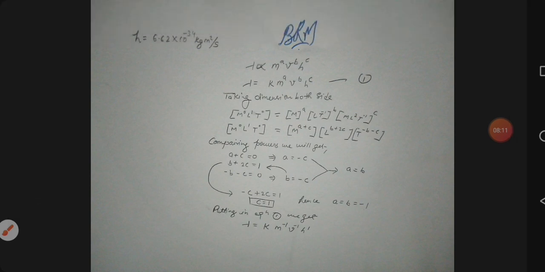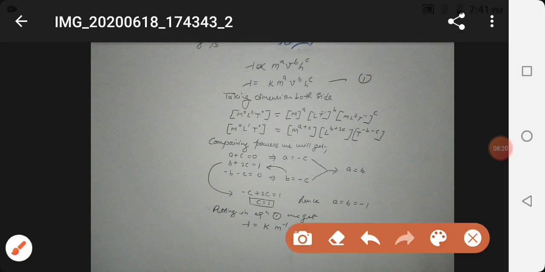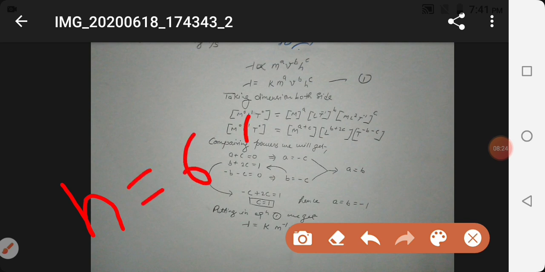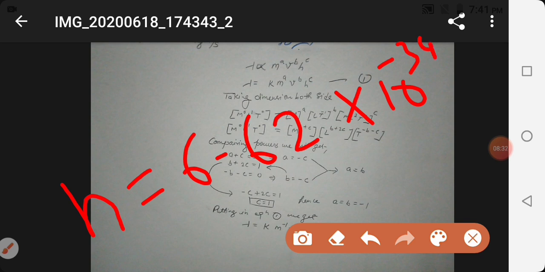And one more thing we can see here, the value of Planck constant is written, so you must remember it. The value of h, that is called Planck constant, is equal to 6.62 into 10 power minus 34, and its unit is kilogram meter square per second.